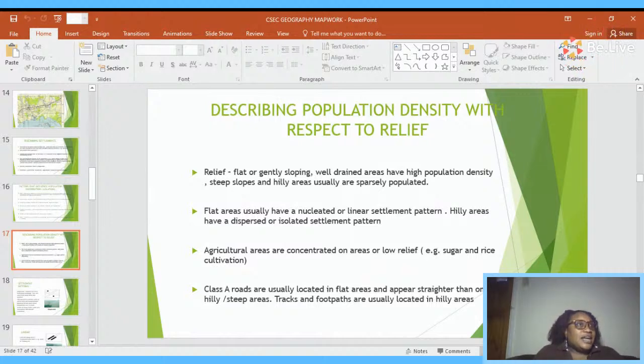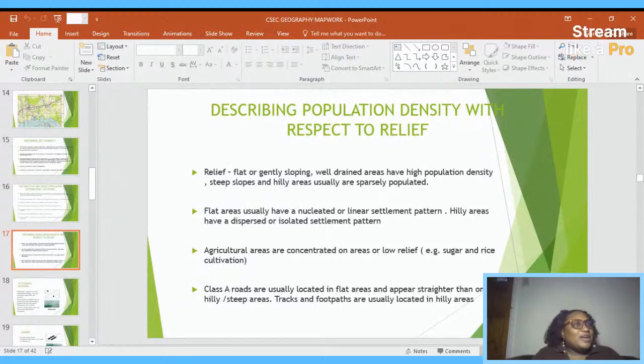Sometimes in reality, like with geography, this is a theory. Sometimes we know that, for example, in Trinidad, some of our steep land has high population densities as well. Asanya, I don't know if it's the same for Jamaica, but you can let me know.